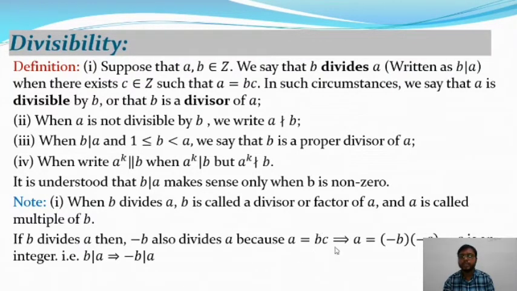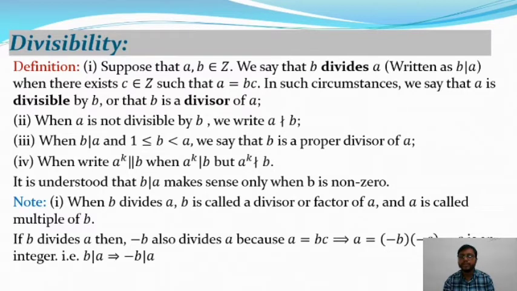This equation can be written as a is equal to minus b into minus c, and you know that the multiplication of minus b into minus c is equal to b into c. So a is equal to bc can be written as this. And minus c is an integer, so a is equal to minus b into minus c, it is also written as a is equal to minus b into k, say, where k is an integer.